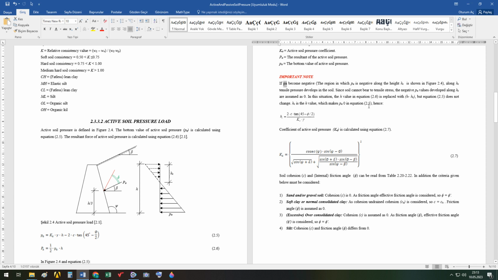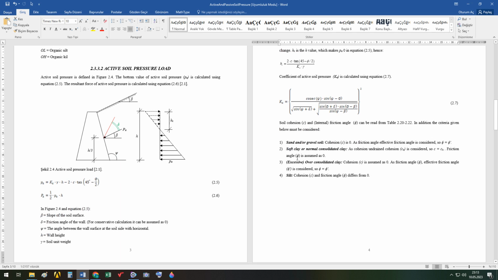And if such a situation occurs, in equation 2.6, instead of H, we will use H minus HC. But this equation does not change. And Ka is calculated by means of this formula.